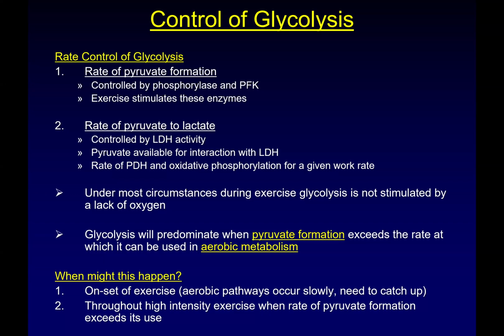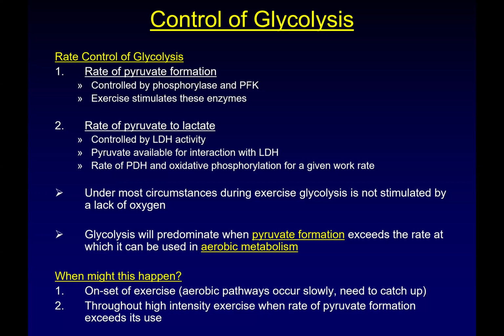So there's two circumstances when this tends to be the case, when mitochondria cannot handle all of the pyruvate. One is at the onset of exercise, because it's going to take a few minutes for PDH to get fully activated, the mitochondria to get fully activated. And so early on in a bout of exercise, even if it's not that high intensity, you're going to make a little bit more lactic acid than you would later on.